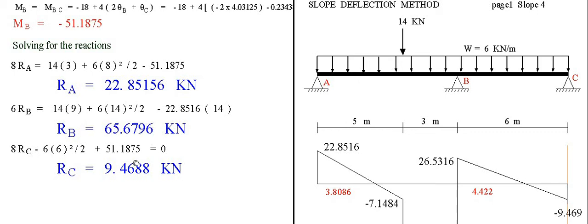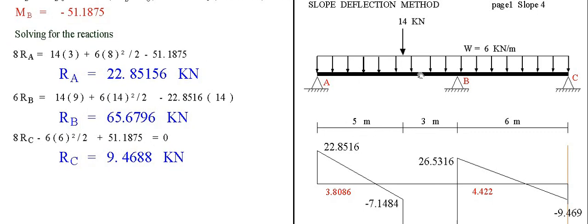Now to solve RC, you cut section at B, then consider the right segment of the cut section BC. Then RC, we have a moment here at B, and it is in this direction.